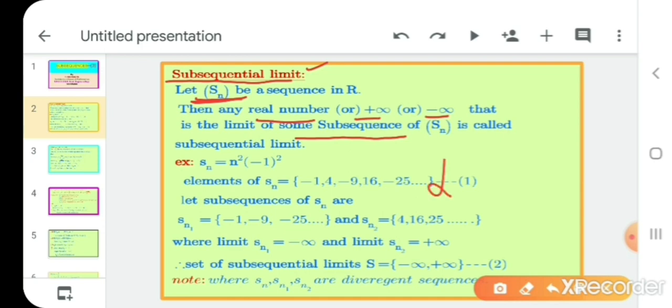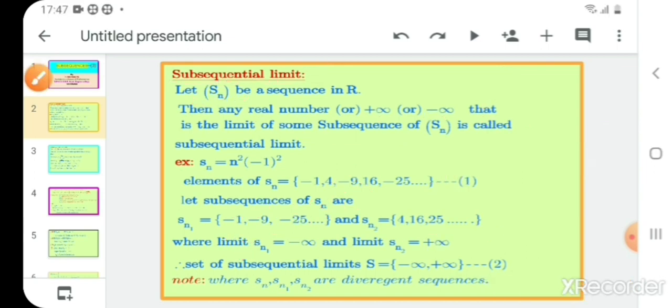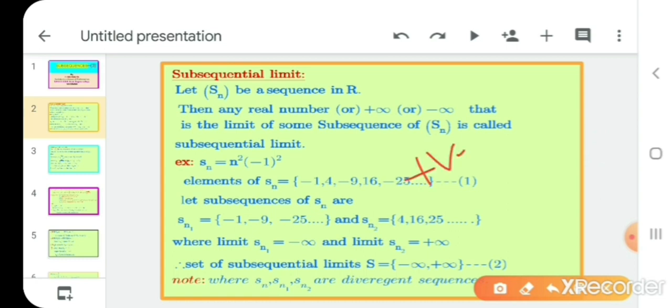If you find a limit for any sequence, we find the limit as n tends to infinity, of 1 by n square, or n square, or 1 by n plus 1, or n square plus n plus 1. Whatever sequence we take, we find the limit only as n tends to infinity. What are the possible values of the limit? Either a positive or negative value, a positive or negative fraction, any real number.